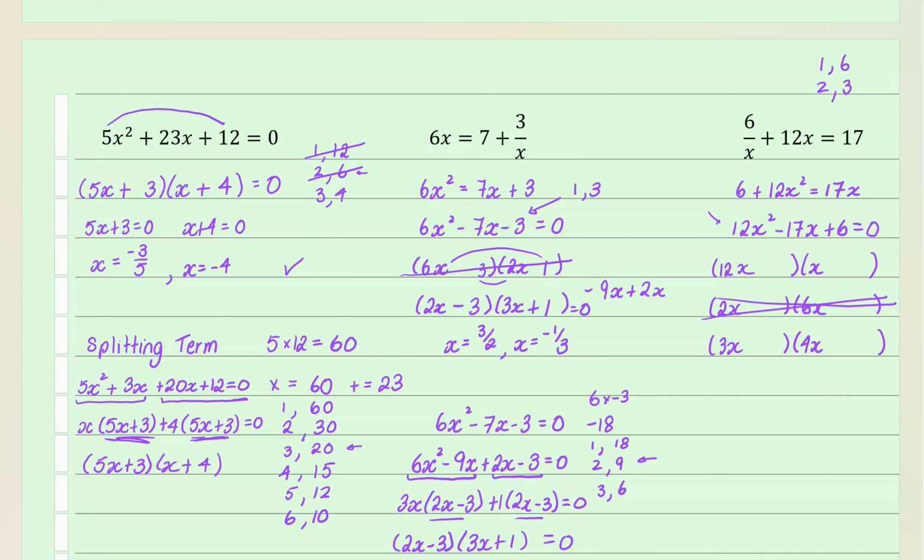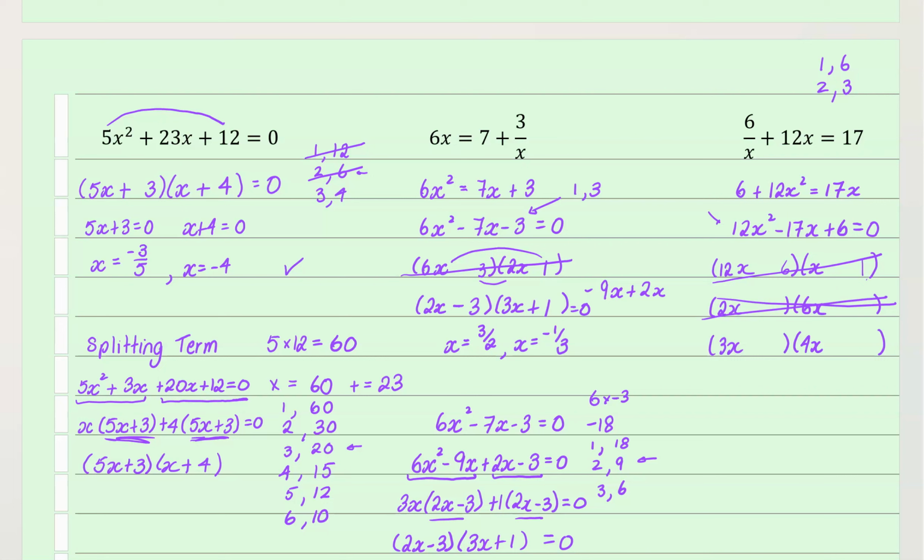To get your 17 in the middle, whether I put the 1 here or the 6 here, there's no way that I'm going to get 17. So that's gone. Pretty quickly you can rule out the ones that are impossible. So what am I looking for?